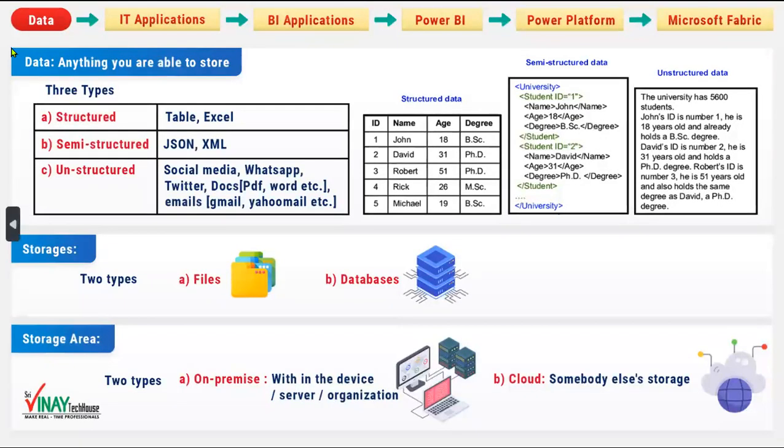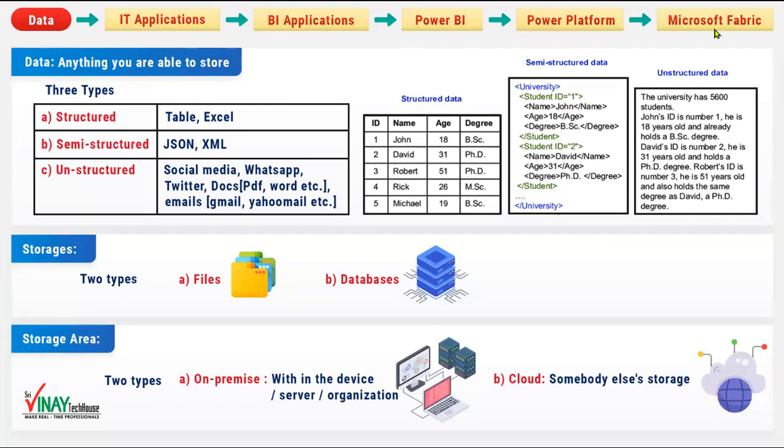Later, I explained this complete hierarchy and the data to Microsoft Fabric hierarchy. What is data? How many types of data are available? What is an IT application? How many types are available? What is a BA application and the BA evolution process? Where exactly does Power BI sit in this picture? What is Power Platform? What is Fabric?